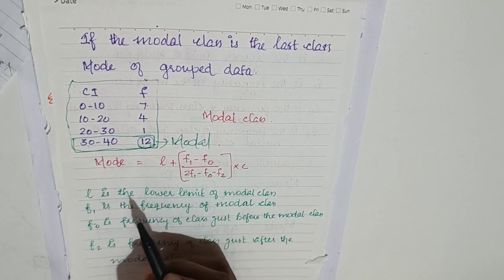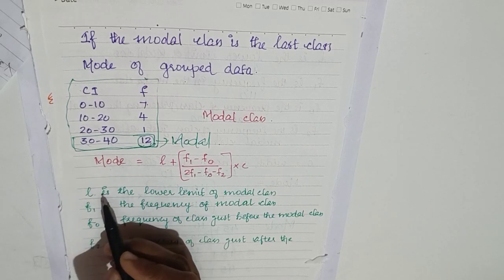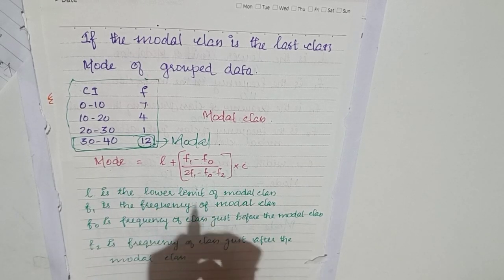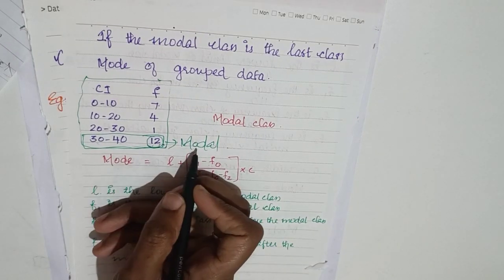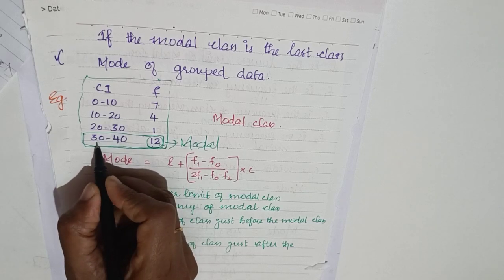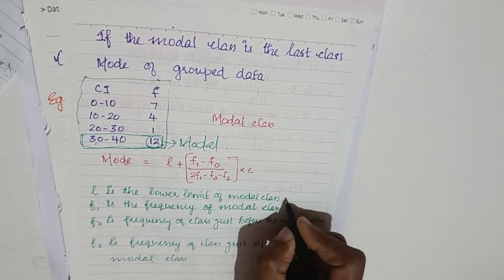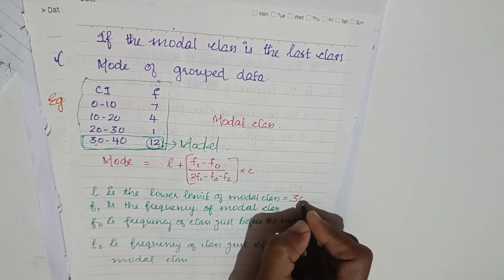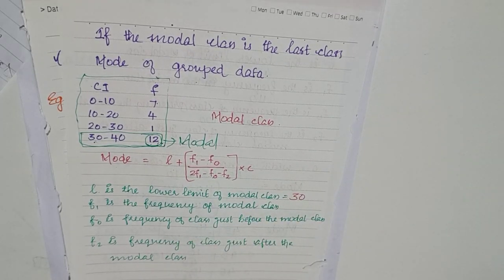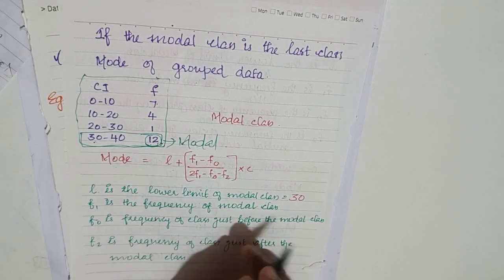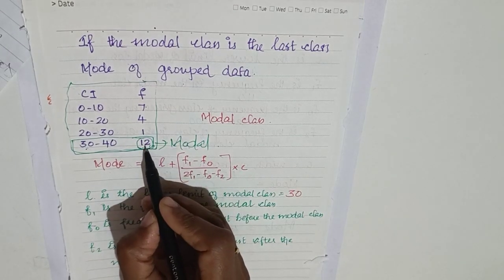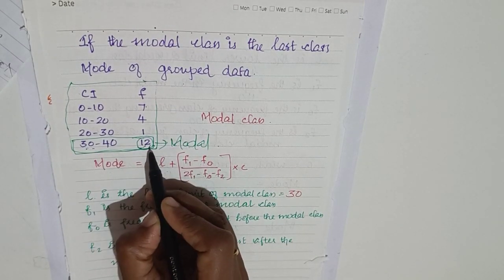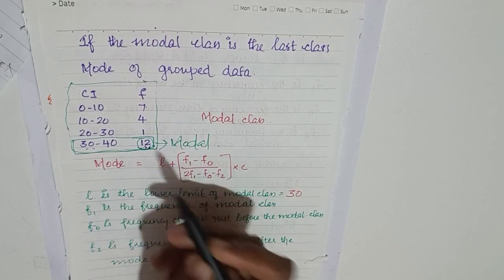So here we know that L is the lower limit of the model class. You can see the lower limit of the model class is 30. And F1 is the frequency of the model class, which is 12.